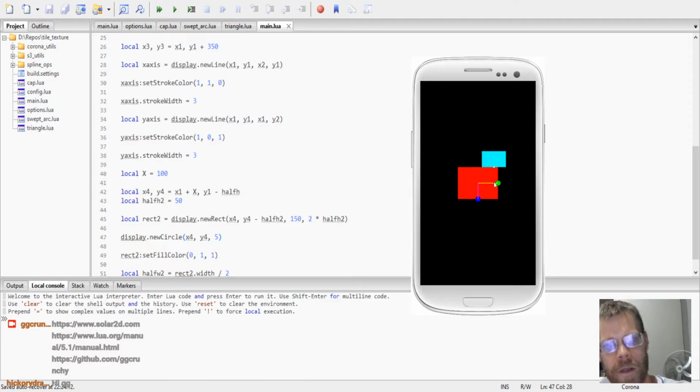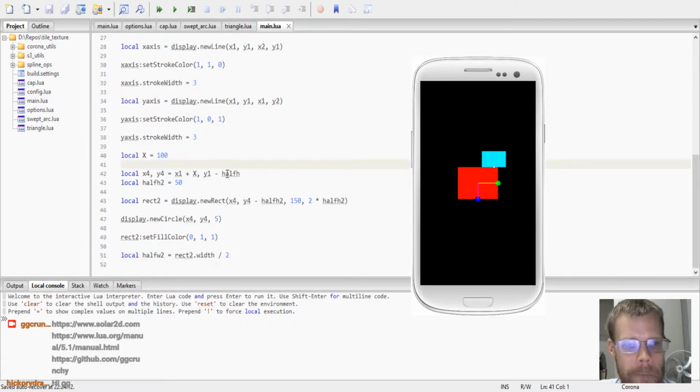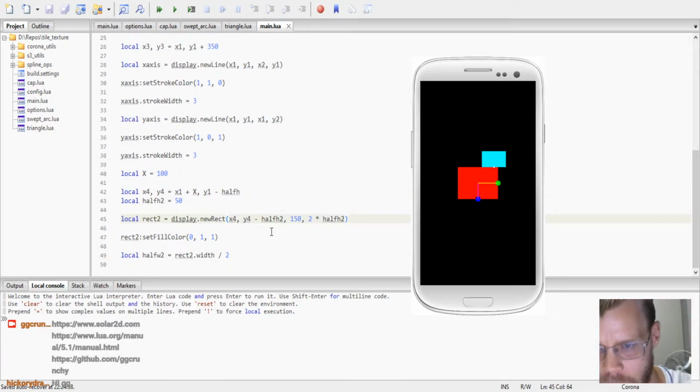Now, normally we'll just be doing this in Euclidean coordinates. So x will be going to the right, y will be going up, or in this case, down. But we want to generalize this slightly. So let's remove that circle. And we can see this by setting the rotation to something else.